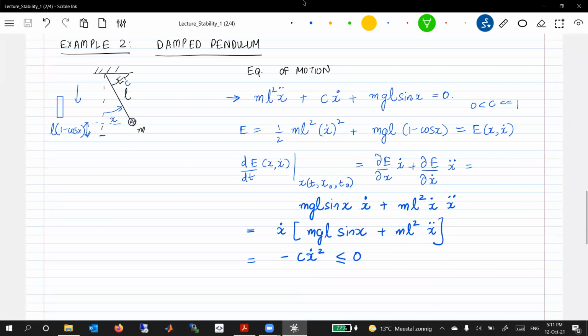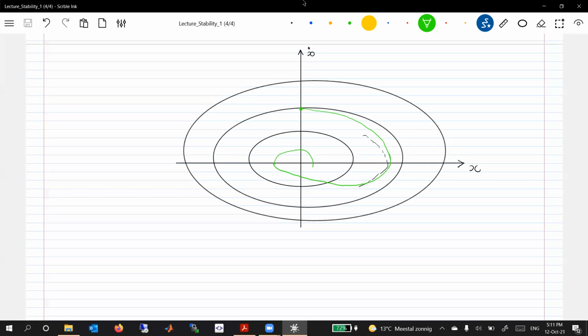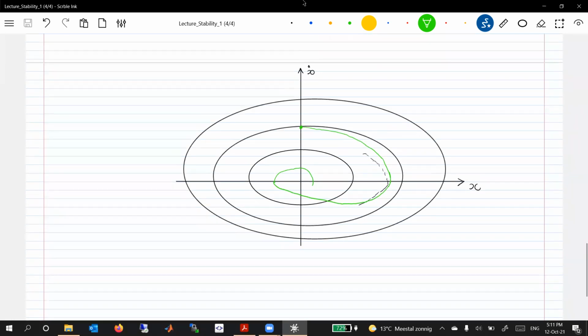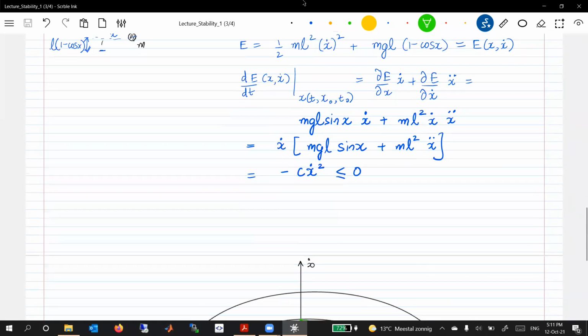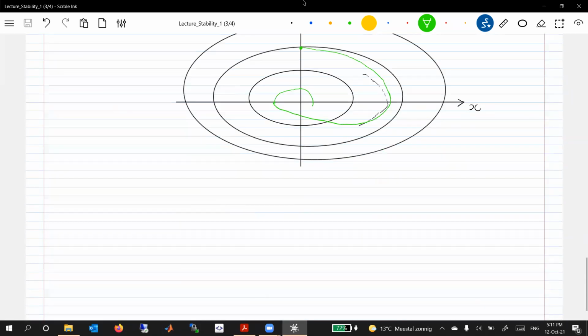But we know that it's stable, so is it asymptotically stable? Because for that we would require the energy to be not just decreasing, but going towards 0. We want the trajectories to lead to the origin.